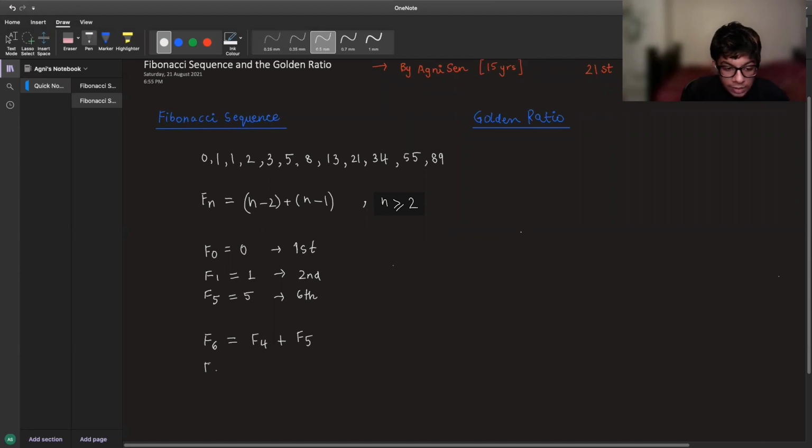So, F of 6 equals F of 4, which is the fifth term, so 3, plus F of 5, which is the sixth term, so 5. So F of 6 equals 8. And we know that's true because we know F of 6 will be the seventh term. So there's 0, 1, 1, 2, 3, 5, and 8. So we know F of 6 equals 8. And we can say this formula is true.